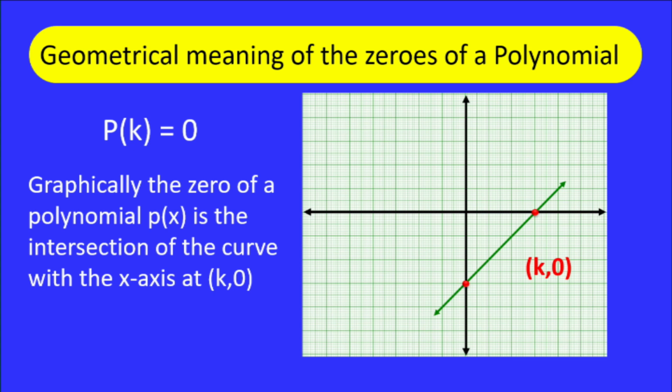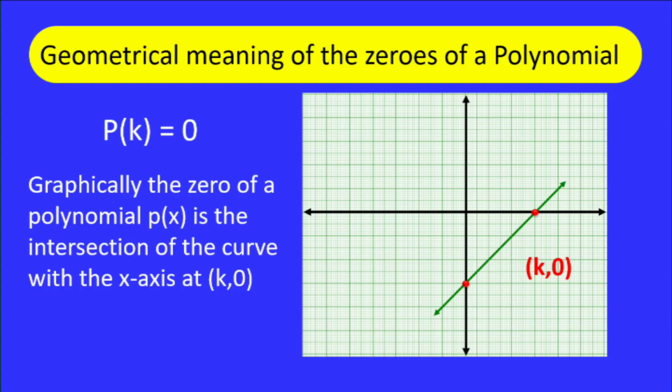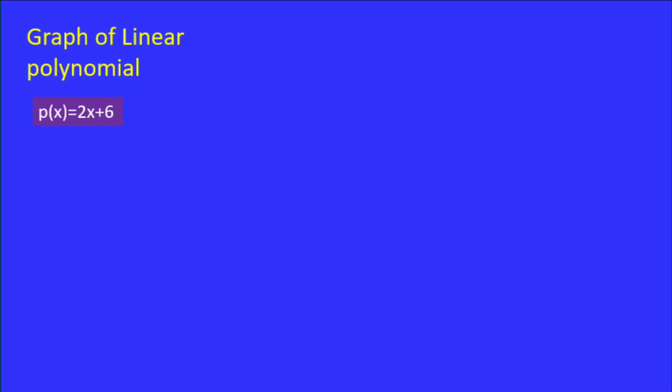Okay. We shall now take one example to draw the graph of a linear polynomial and a quadratic polynomial, and try to find the zero of the polynomial graphically as well as algebraically. Okay. So, let us consider one linear polynomial, that is p of x is equal to 2x plus 6. To draw any polynomial, we should assume that y is equal to 2x plus 6.